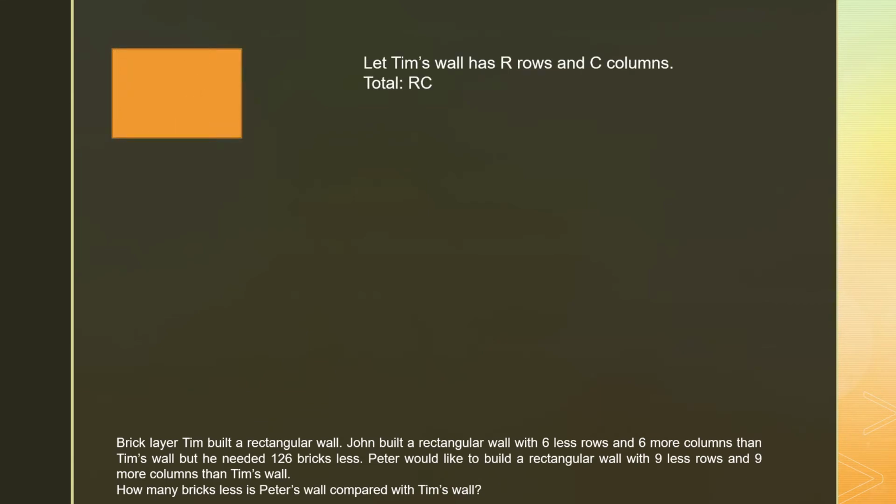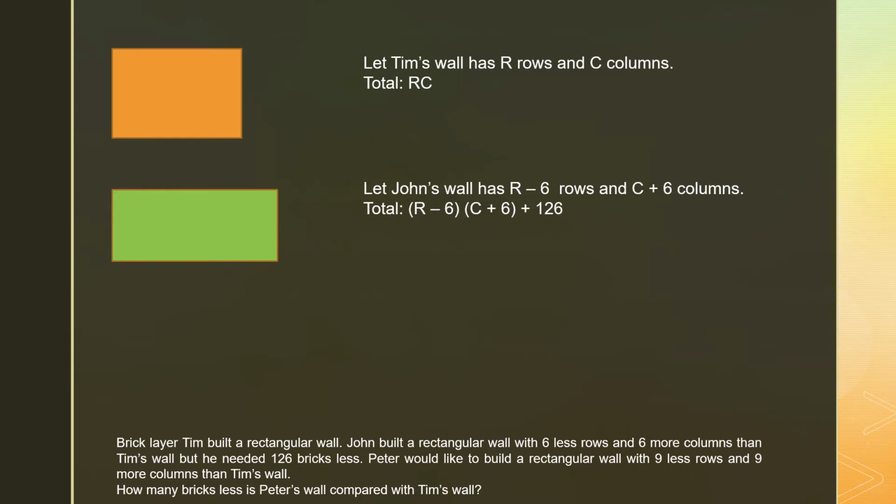Let Tim's wall have R rows and C columns. Then the total number of bricks in Tim's wall is R times C. Since John's wall has 6 less rows than Tim's wall and 6 more columns, in John's wall there are R minus 6 rows and C plus 6 columns.